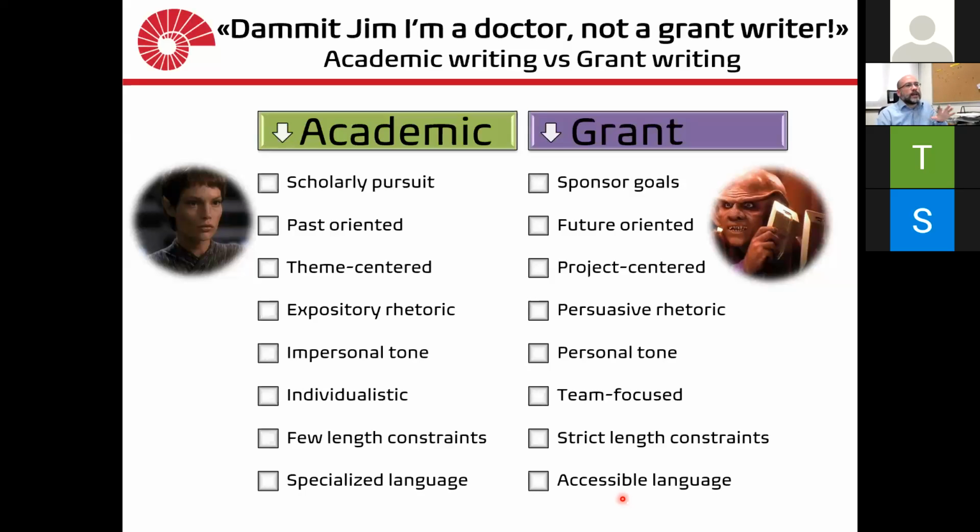So I wanted to extrapolate these two approaches to writing, which of course is not black and white. These different styles intersect. For example, in European Research Council grants, which are large scale, almost Nobel Prize-like prestigious grants given to an individual principal investigator, it is more of an academic writing.